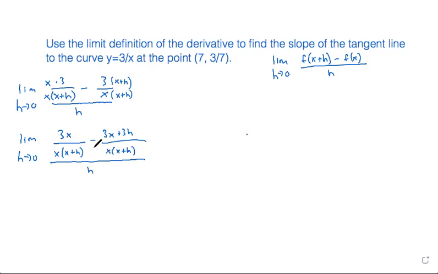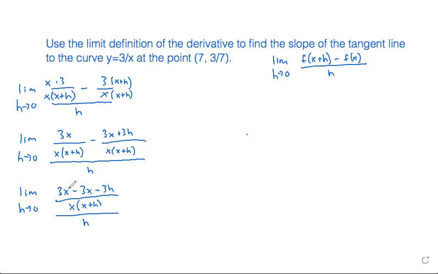Now that I have common denominators in my numerator fractions, I'll subtract the numerators. So this is the limit as h approaches 0 of 3x minus 3x, and don't forget to distribute this minus to the other term, 3h, over the denominator, which stays the same, over our bottom denominator of h.